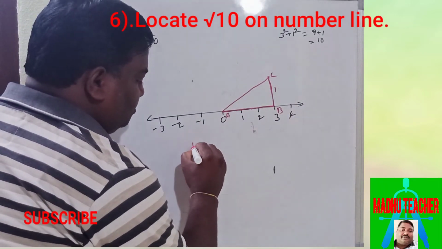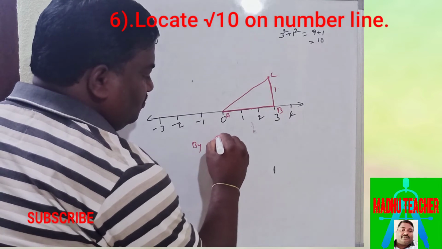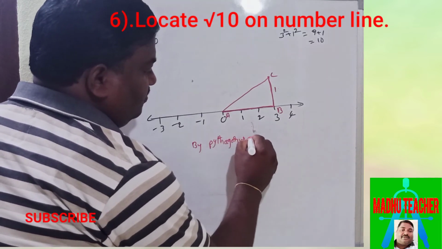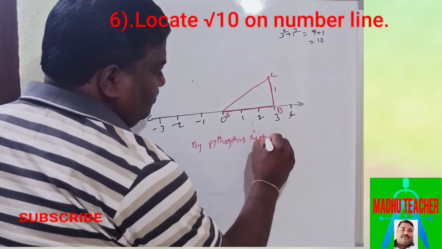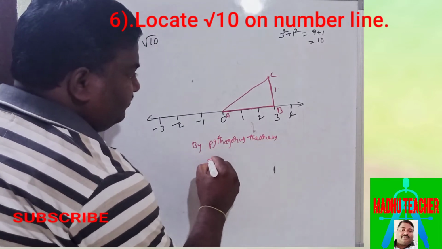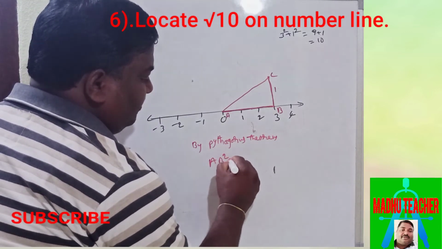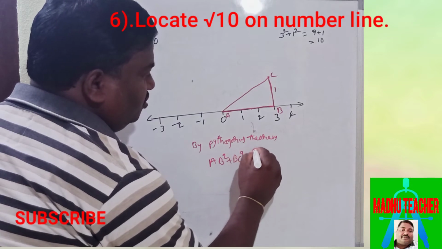So by Pythagoras theorem, AB square plus BC square equal to AC square.